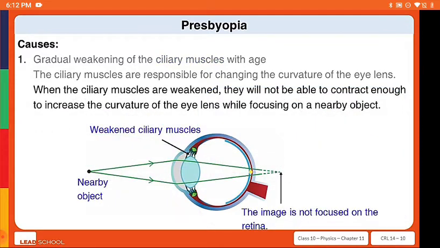When the ciliary muscles are weakened, they will not be able to contract enough to increase the curvature of the eye lens while focusing on a nearby object. The nearby object will not be clearly visible. Thus, the eye lens will not be able to focus the image of the nearby object on the retina. In such a case, the near point of the eye will recede.